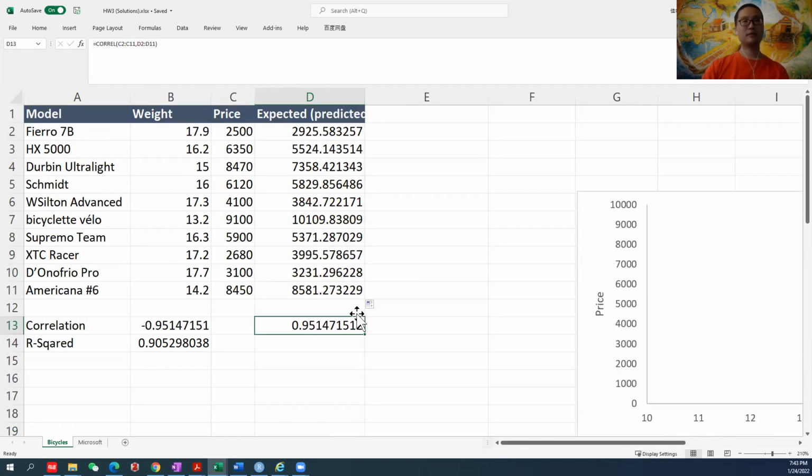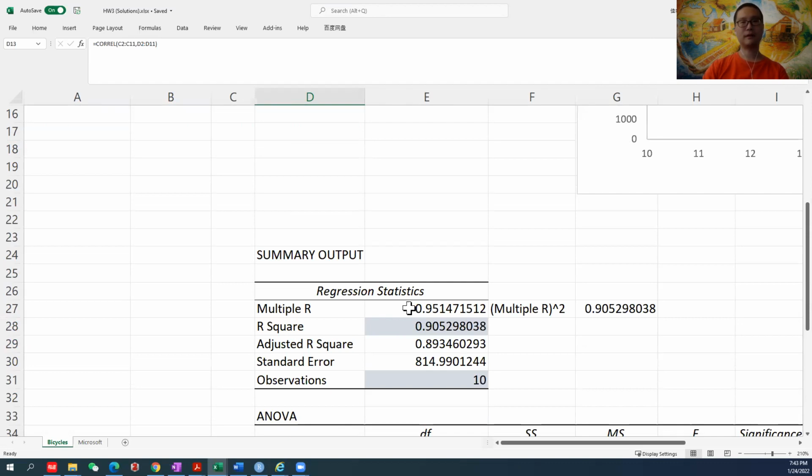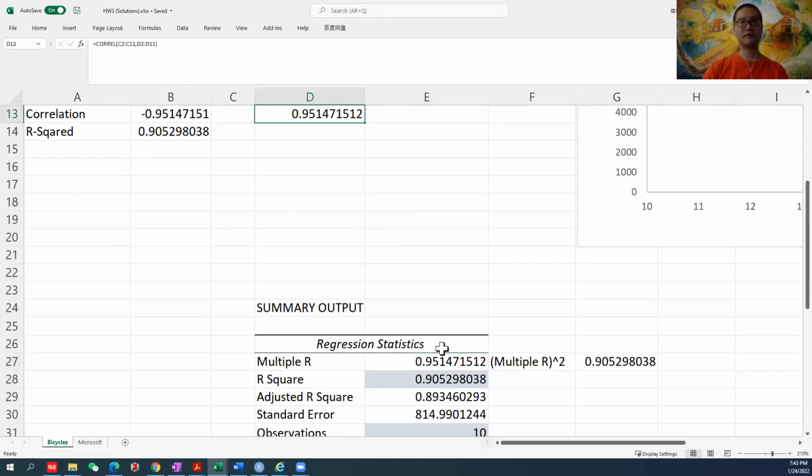And this correlation coefficient between price and expected value of price is exactly what multiple R is. When you compare, these are the same statistic. It shares the same magnitude and sign.